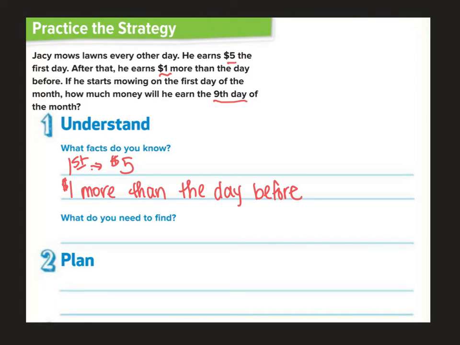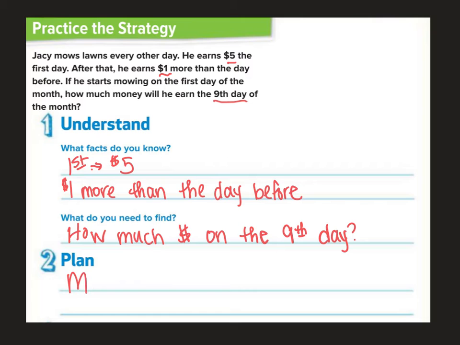Right? We know that each day he earns $1 more than the day before. What do we need to find? How much money on the 9th day? Question mark.